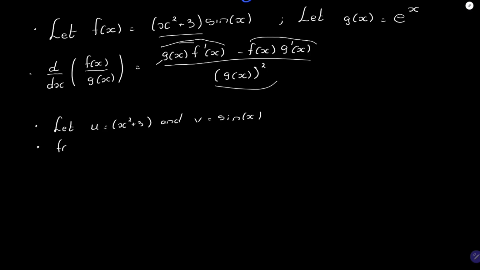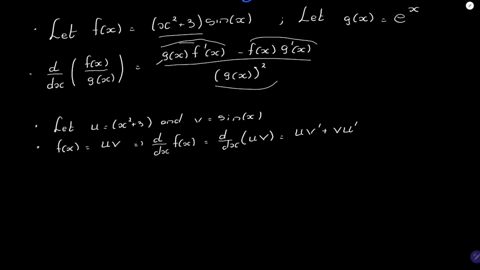Now we notice that f of x can still be represented as uv, which is the product of two functions, and this implies that the derivative with respect to x of f of x, which is the derivative with respect to x of our product uv, is equal to u dv plus v du, right?